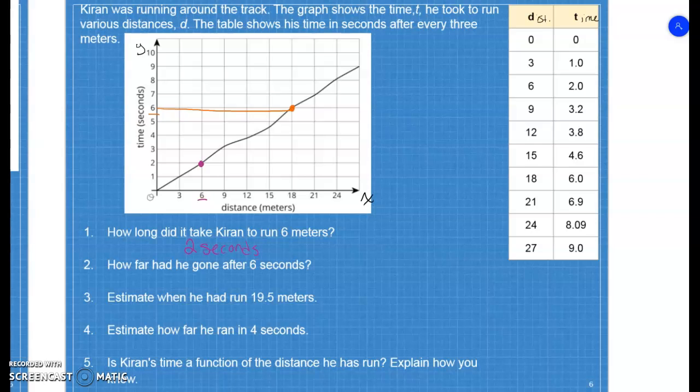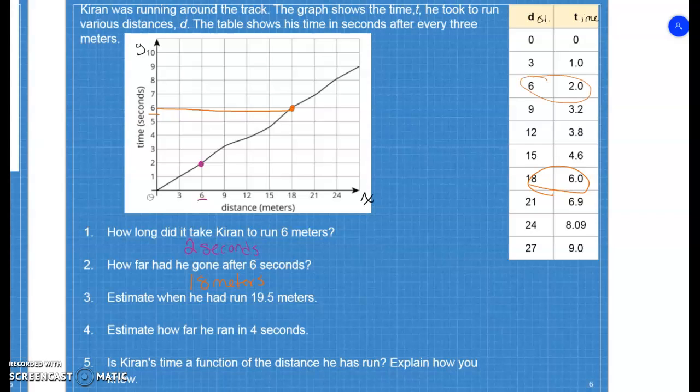And if I keep going down, it took him 18 meters to run. So how far did he go in 6 seconds? 18 meters. You can also look over here on the graph and see that this verifies. So at a distance of 18, he went 6 seconds. And then for 6 meters, it took him 2 seconds.